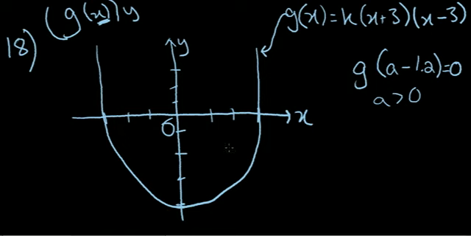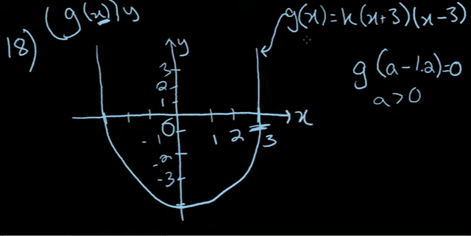So let's say 3. They didn't give a scale, but let's say this is 1, 2, 3. The scale doesn't matter because it's just a graph. So you could give 2, 4, 6 like that.